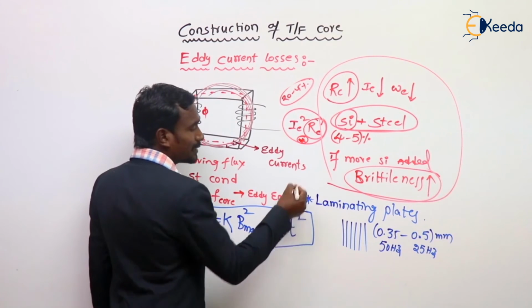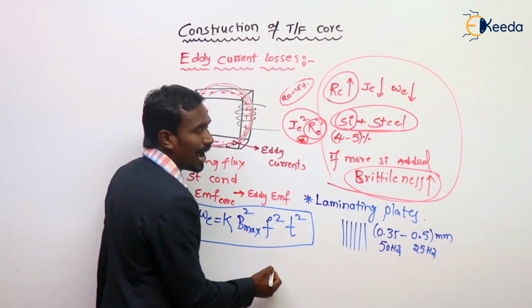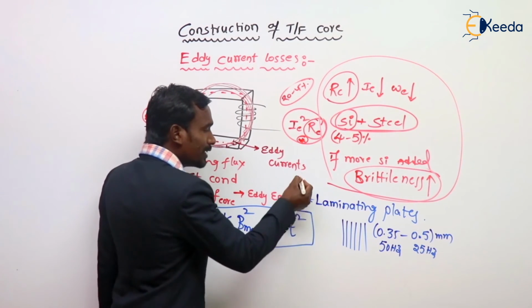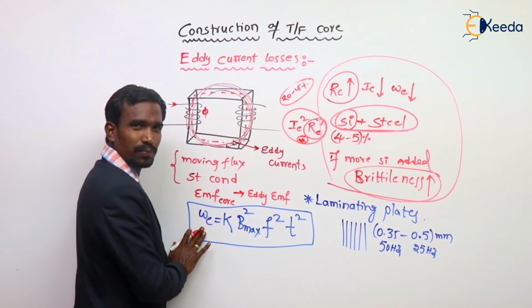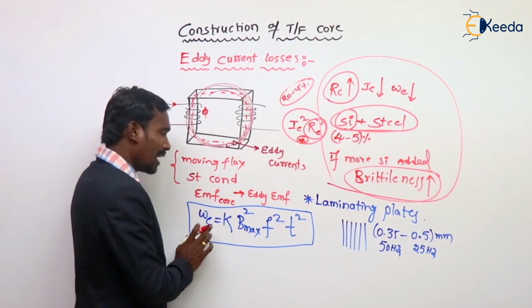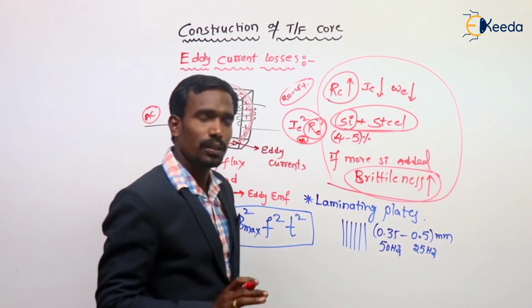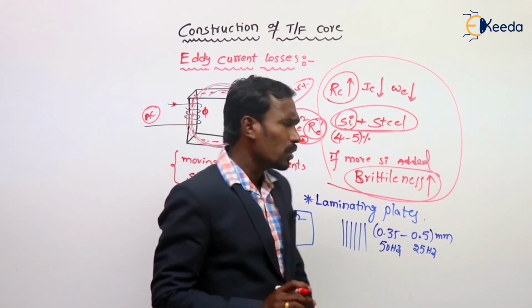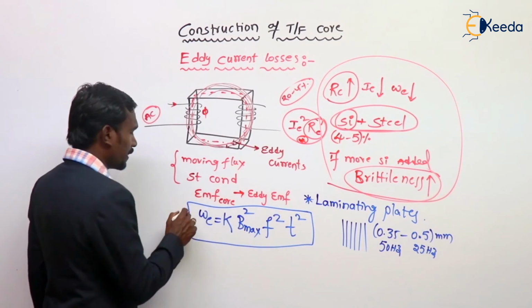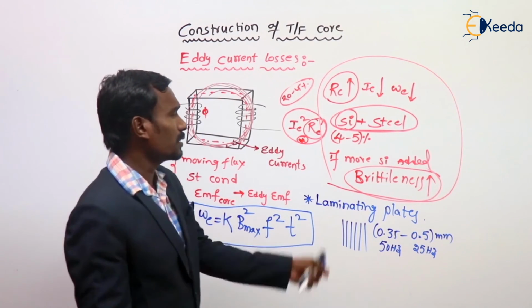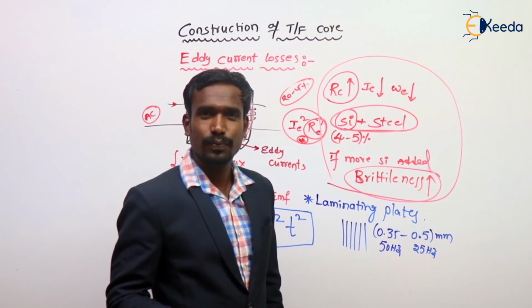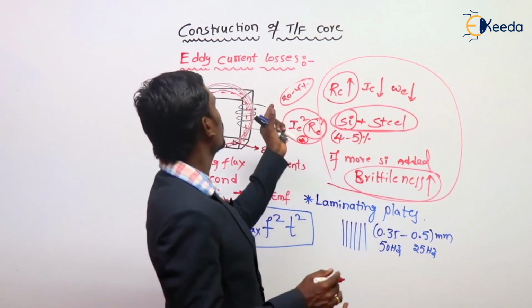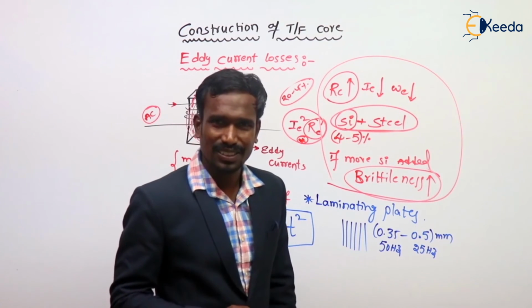If the thickness is doubled and the frequency halved, then there is no change. I will give you problems on this formula also. So this is the formula for eddy current losses and how we can reduce them.